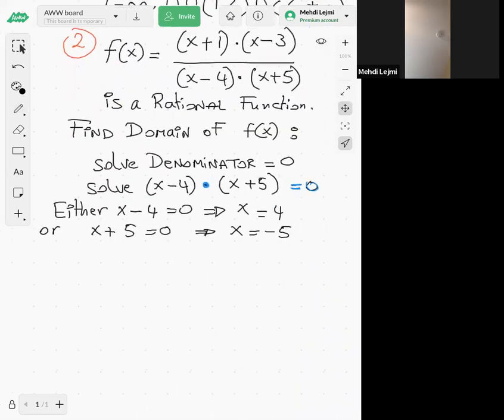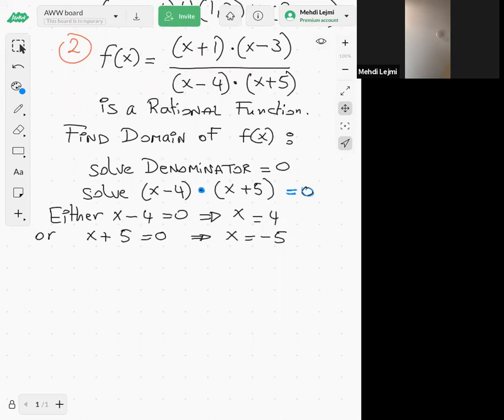So we have to exclude 4 and negative 5 from the domain.